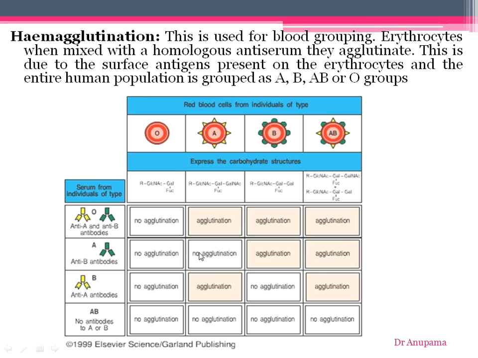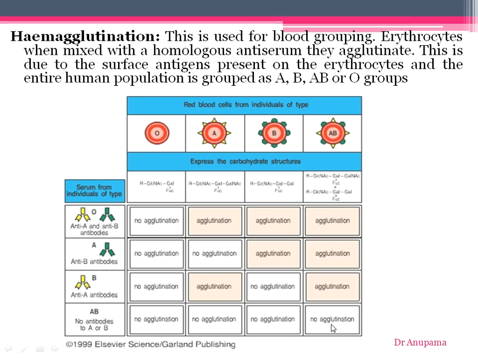But when it comes to A, agglutination is seen when you give blood from O or B. So they can receive blood only from A and AB. Same way with B, they can receive blood from B and AB, while blood group AB people can receive blood only from them.